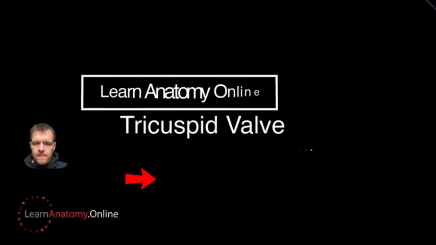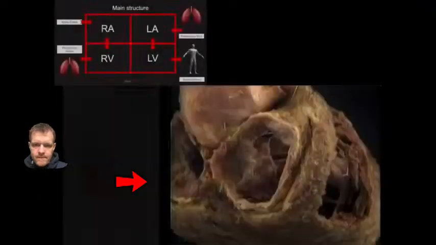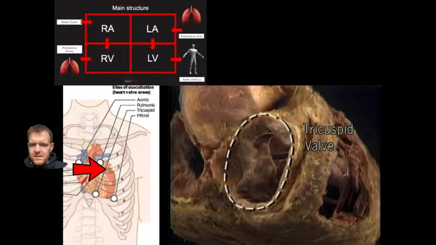Right, let's have a look at these. So this is hopefully the tricuspid valve. We mentioned in the first session where doctors place a stethoscope to listen to your heart sounds, and there are specific points that identify specific valves.